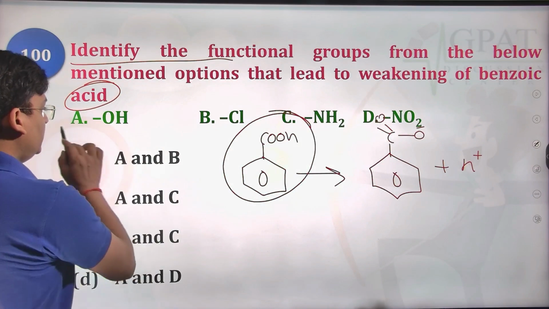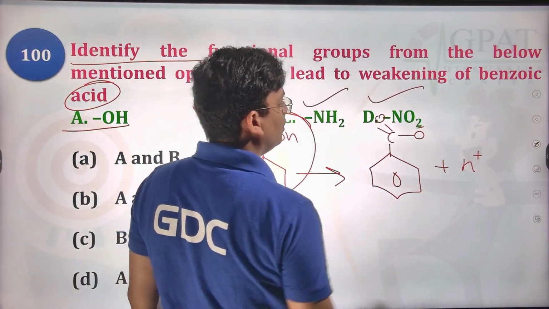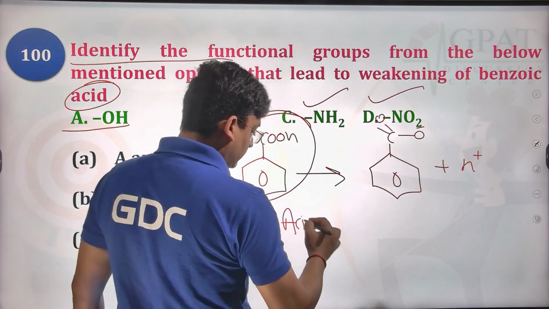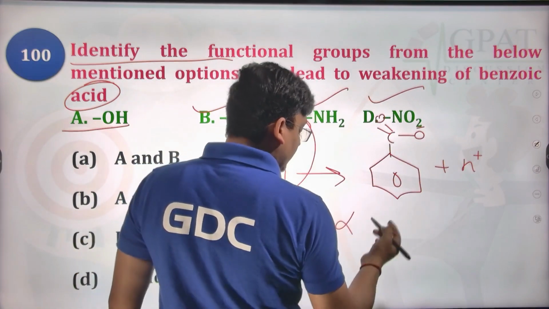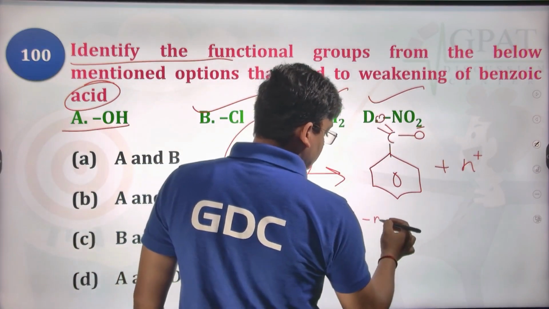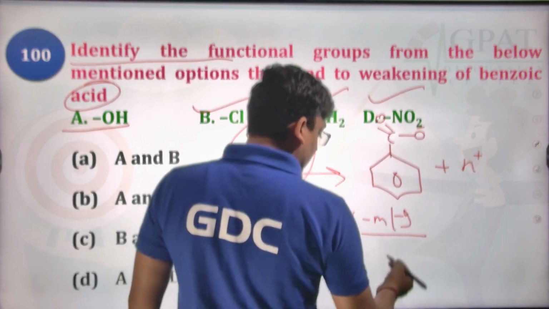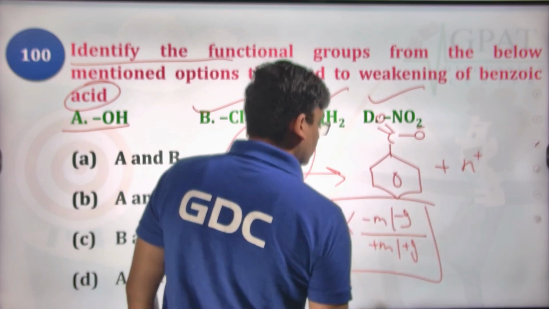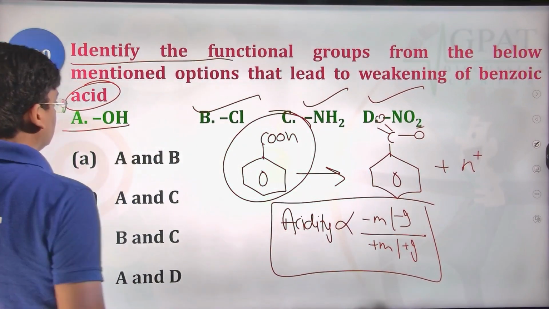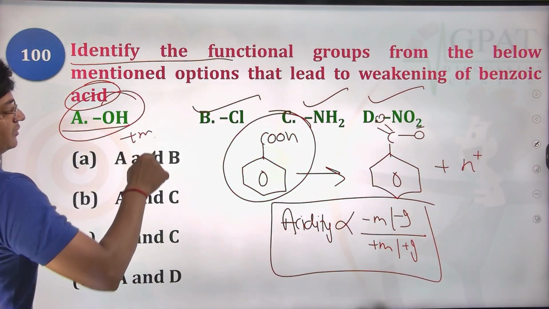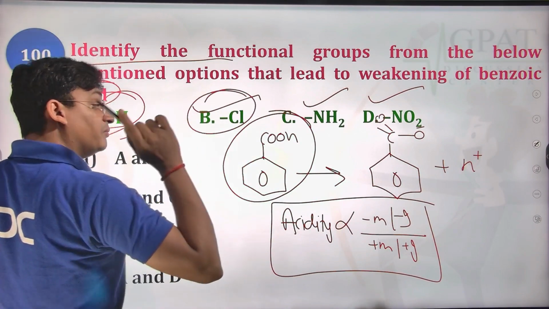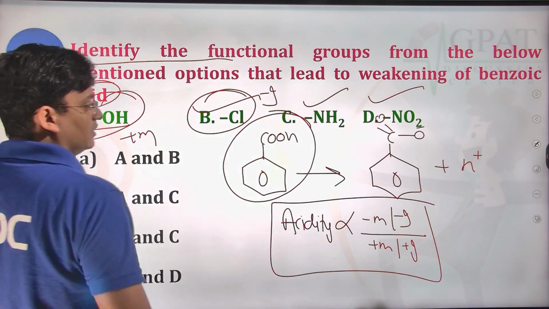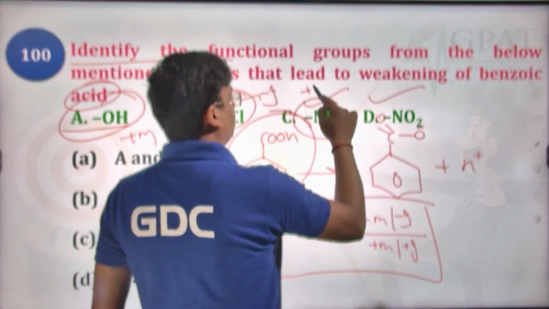So all these substituents show what kind of effect. As you all know, acidity is directly proportional to minus M or minus I groups, while inversely proportional to plus M or plus I groups. This OH has a plus M effect. Chlorine has plus M, but it's a halogen, so it has a stronger minus I. NH2 has a plus M effect.